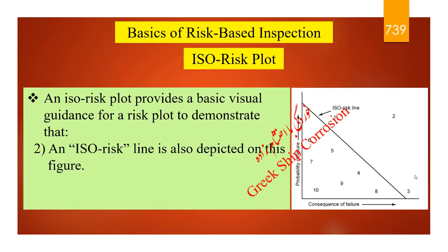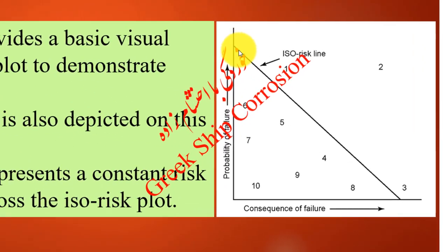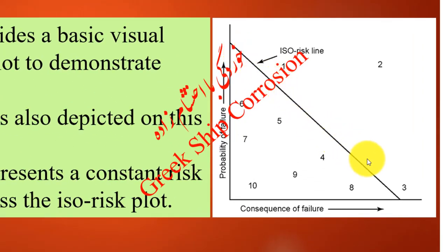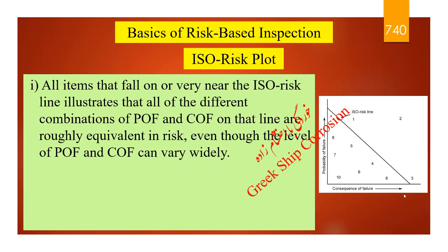2. An ISO risk line is also depicted on this figure. An ISO risk line represents a constant risk level as shown across the ISO risk plot. 2a.